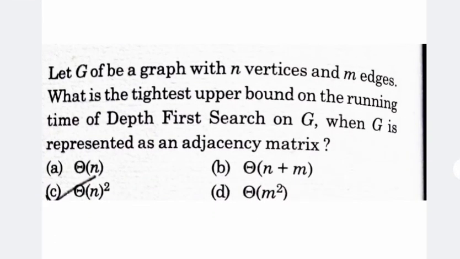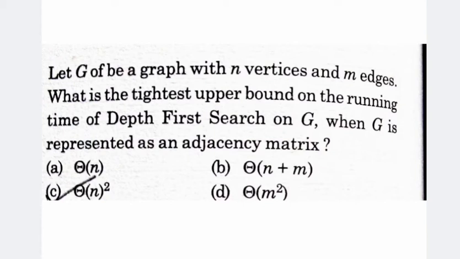Let G be a graph with n vertices and M edges. What is the tightest upper bound on the running time of depth first search on G when G is represented as an adjacency matrix?